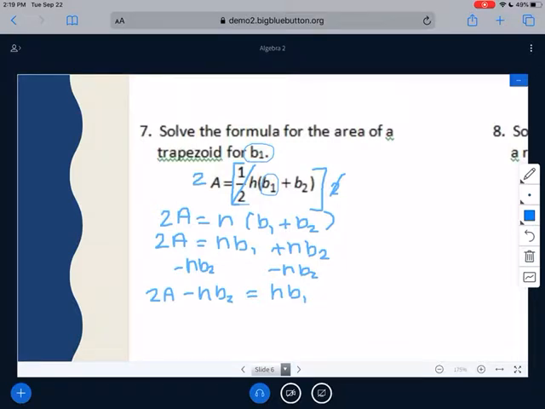And then to get b1 alone, because again, remember our goal is to isolate b1, we would have to divide by h. The h's don't cancel here. So your final answer is b1 equals 2A minus hb2 all over h.